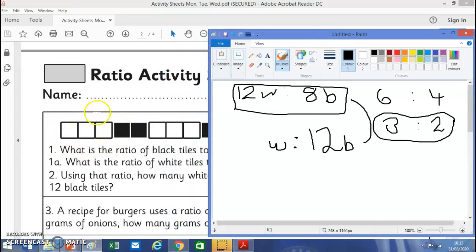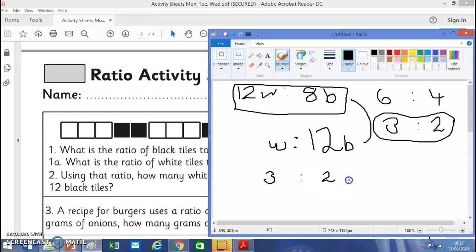For every 3 white boxes or tiles, there are 2 black ones, because they've organised that nicely for us. However, now we need to work out, if there were 12 black tiles, what were the white ones? So in that case, I need to think about this simplified ratio. I've got 2 in the simplified 3 to 2.